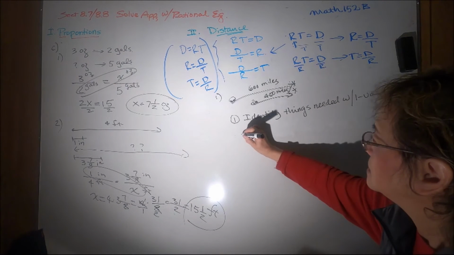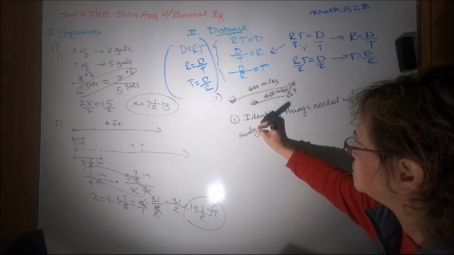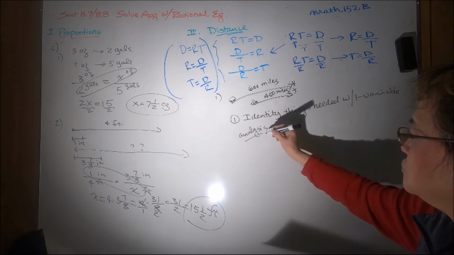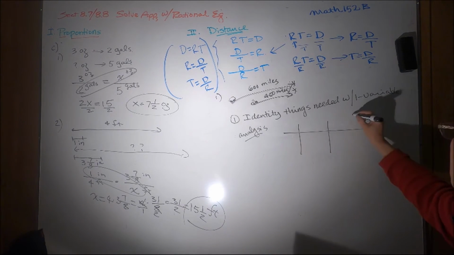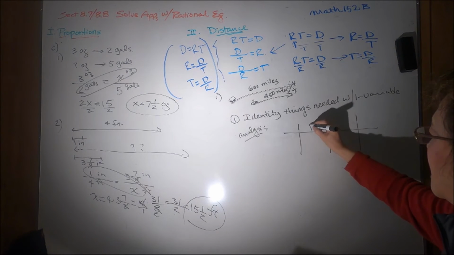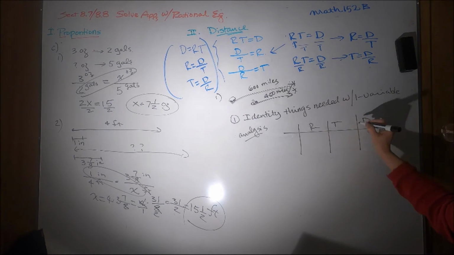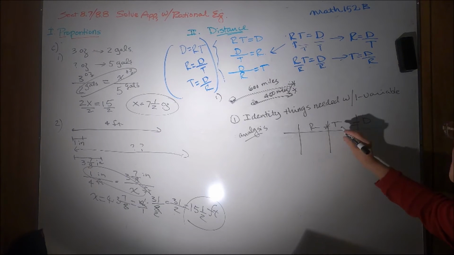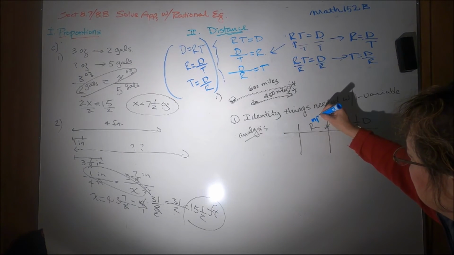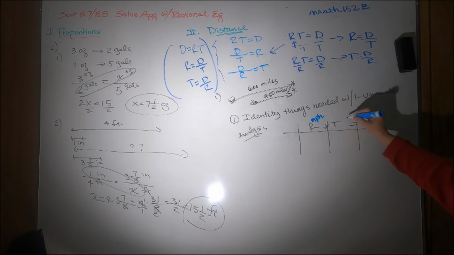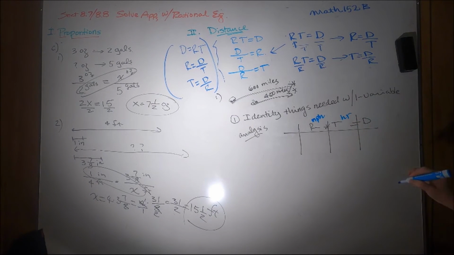It's only spreadsheet-like, okay? So you do your analysis. So you do it this way. RTD, because R times T is D, right? And R is what? Speed, miles per hour. Then T is what? Your time in hours. D is the miles, the distance.